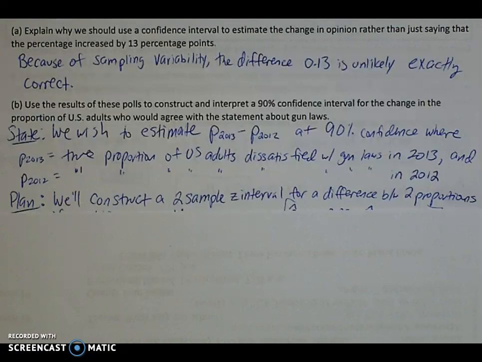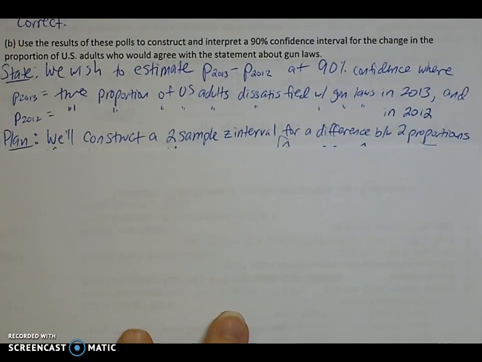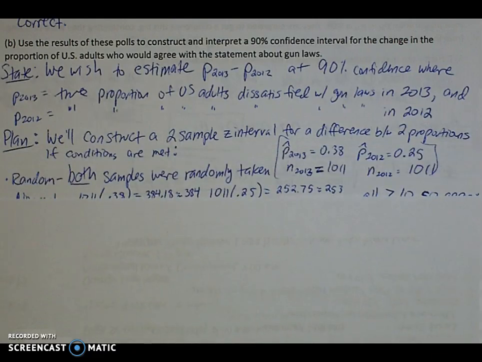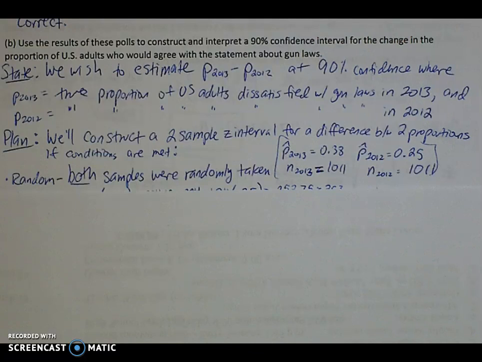Now we're going to check our conditions. So we have random, we have normal, and we have independent. So let's see what conditions we're going to do here. Random, both samples were randomly taken. It says that in the problem, so that is important.